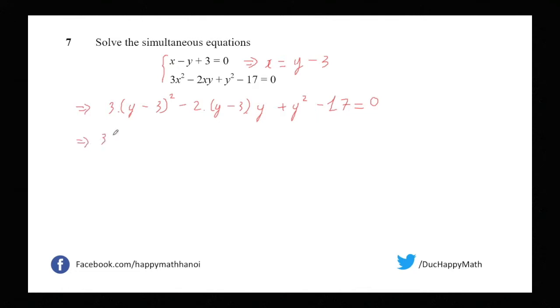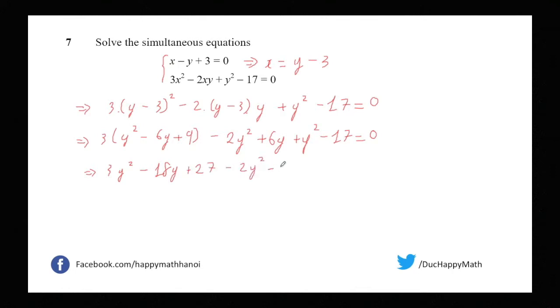So first you will get 3y squared minus 18y plus 27 minus 2y squared plus 6y plus y squared minus 17 equals 0.